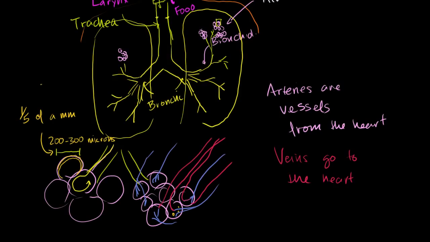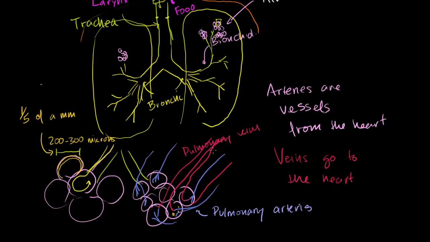And there's a special word for these arteries and veins. They're called pulmonary arteries and veins. So going away from the heart to the lungs, to the alveoli, are the pulmonary arteries. And going back to the heart are the pulmonary veins.